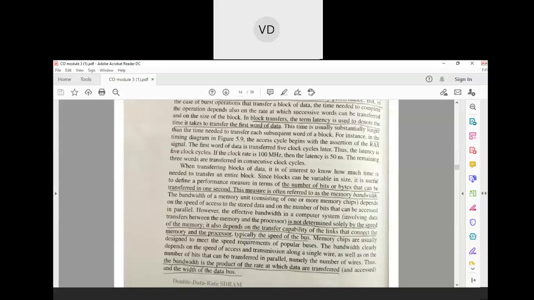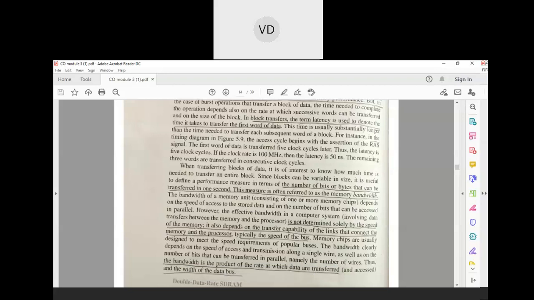Suppose my mobile is XYZ and I am using a charger of PQR, it will be charging, but it will take more time to charge. Means the charging is also dependent on the cable which we are using. In the same way, even if the memory is faster, the bus should be strong enough, fast enough to transfer the data.